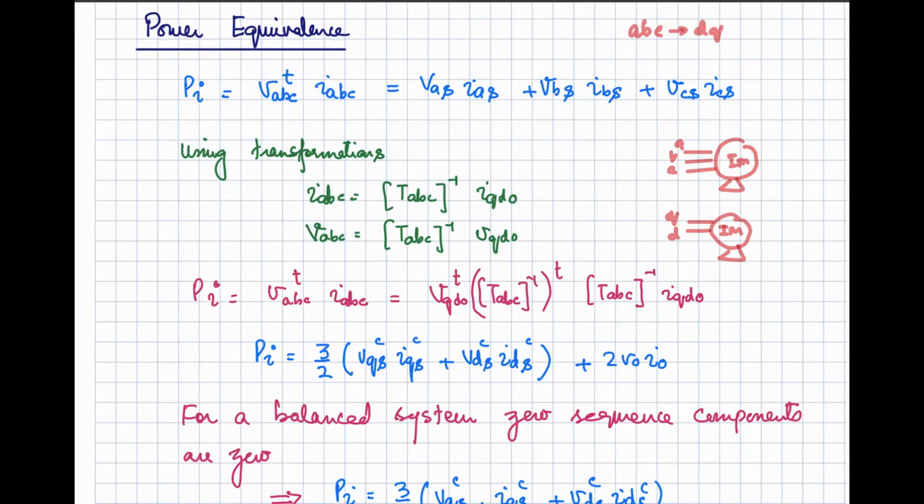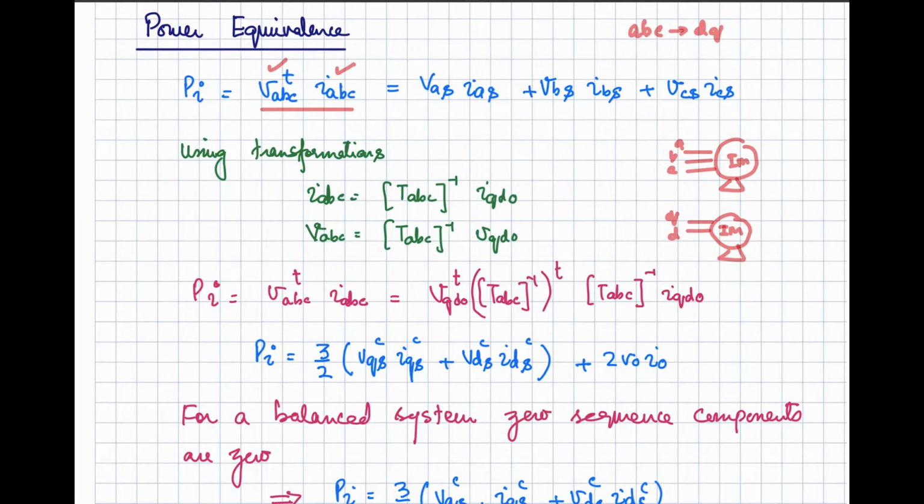So the three-phase instantaneous power input to the machine can be represented with the help of this equation, VABC transpose into IABC, where VABC is representing the instantaneous phase A, B and C voltages, and IABC is representing the instantaneous ABC currents.